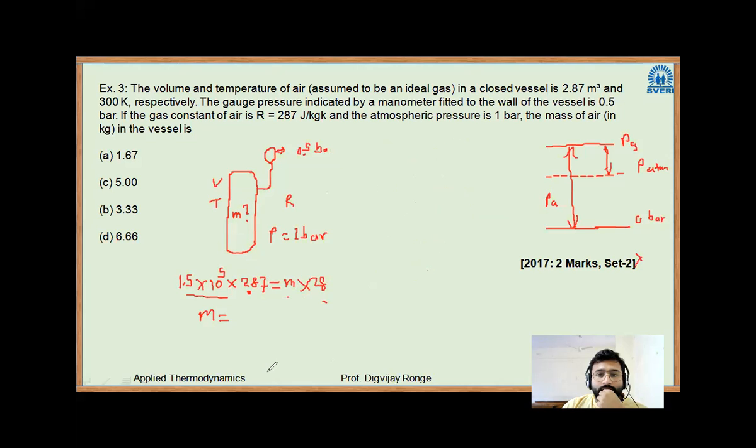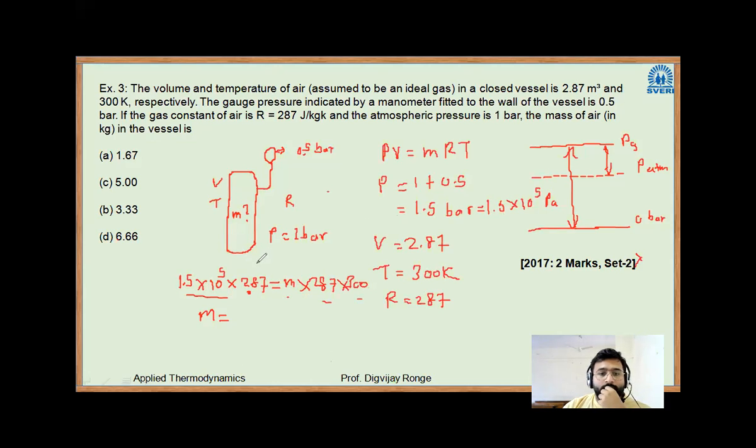Yes, Akanksha. Mass is 5 kg, right? So 5 will be the correct answer. Others also cross-check. What I'm saying here, this is not 287, this is 2.87. I hope there we made some mistake.